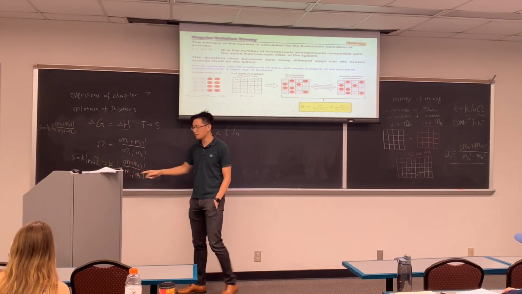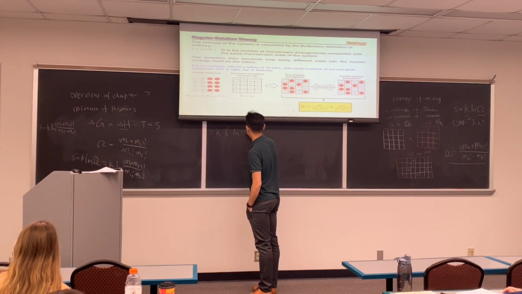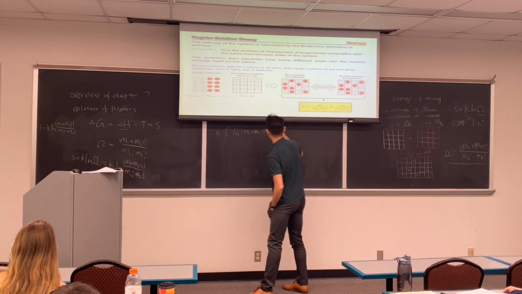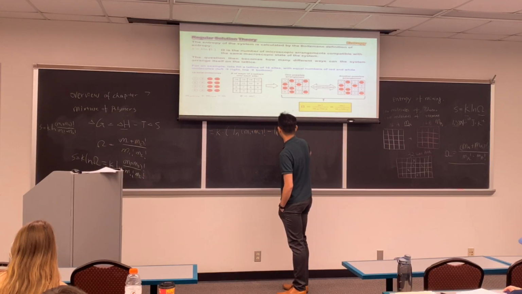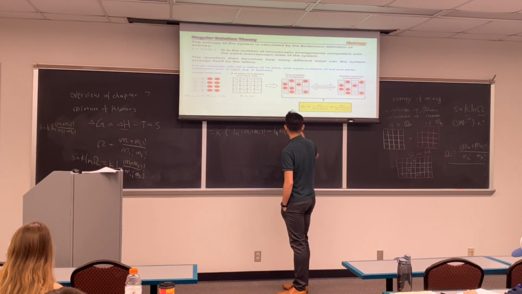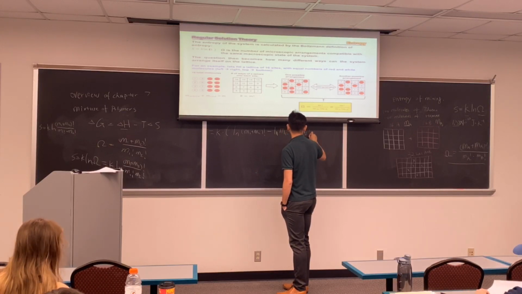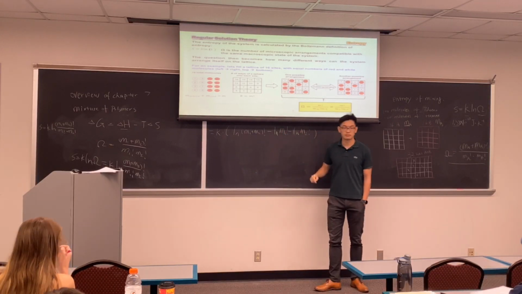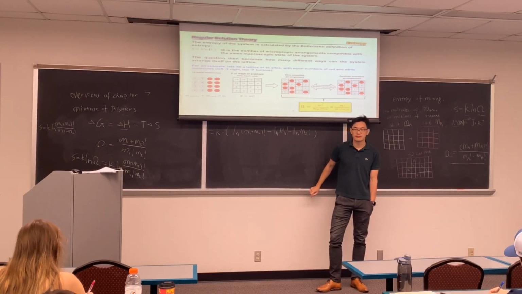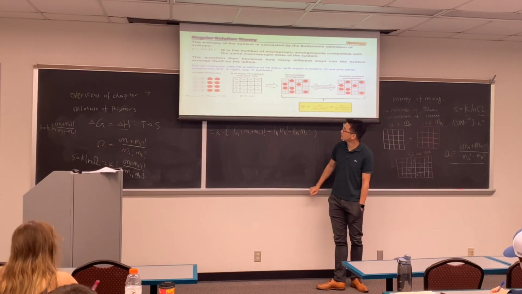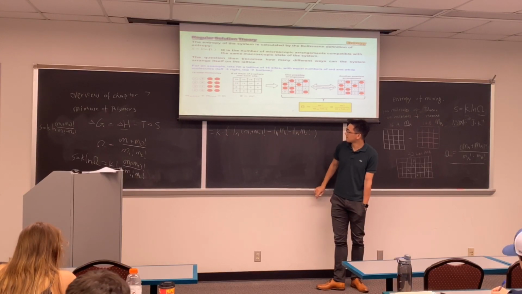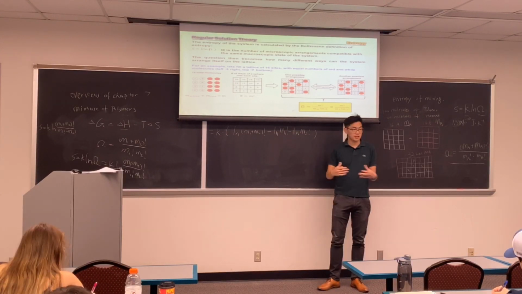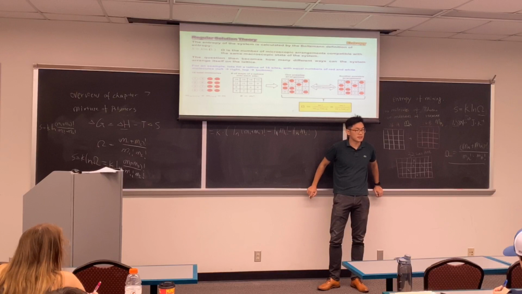It can be simplified as ln (N1 plus N2) factorial minus ln N1 factorial minus ln N2 factorial, right? Everybody gets it? This is just an expansion into the individual components.